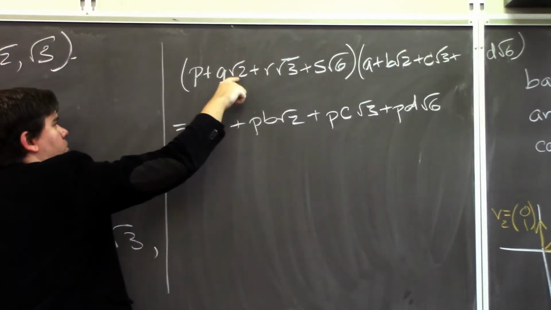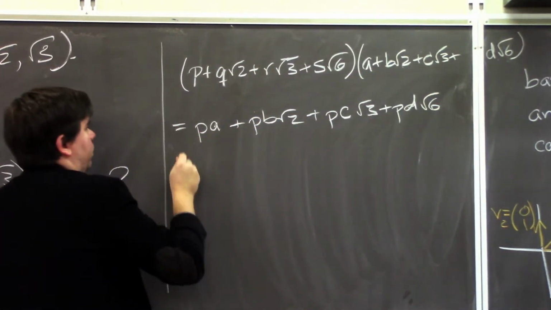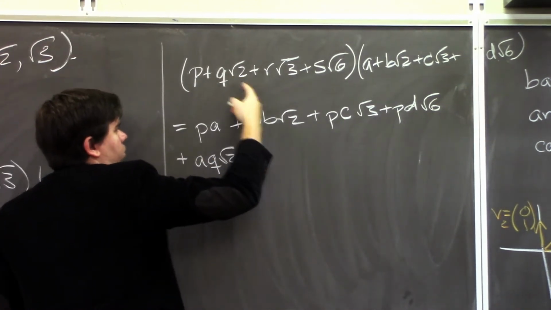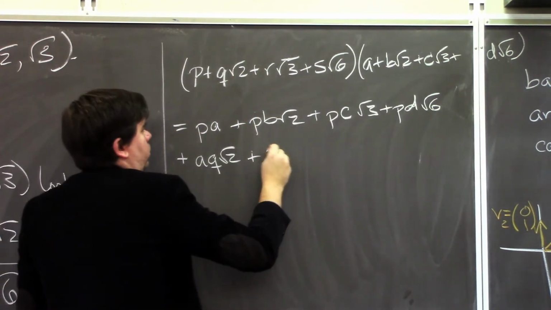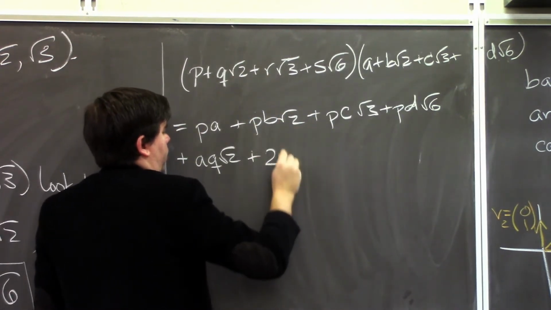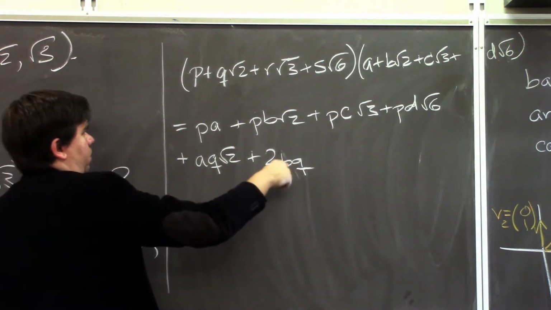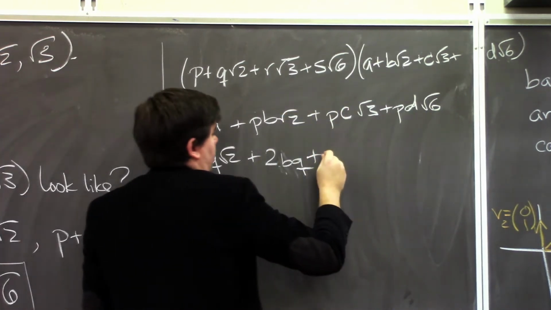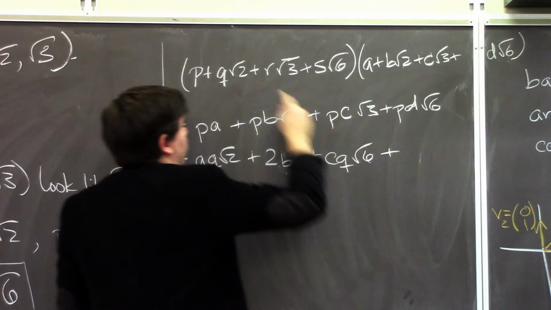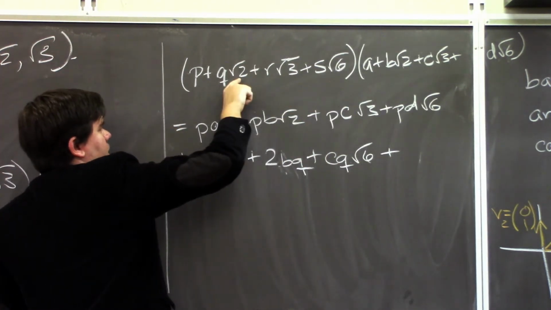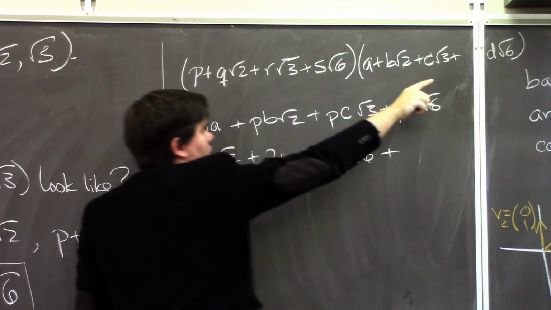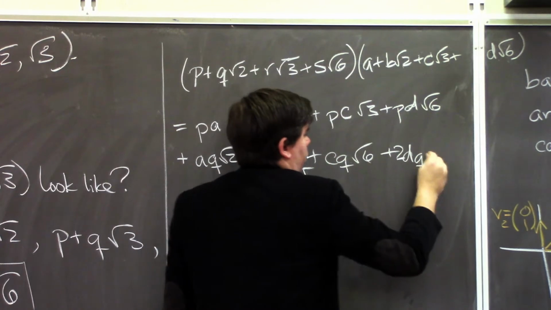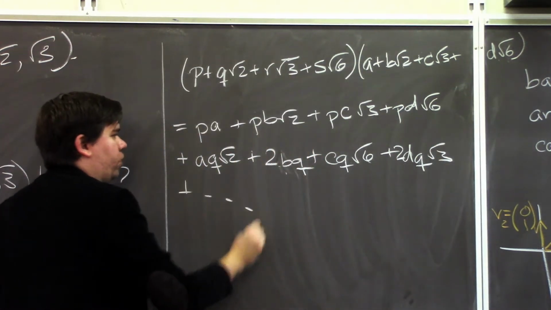Great. Then you do q root 2 times all that stuff. So what do you get? Well, you get something with the root 2 for the first guy, and then when you do q root 2 times the second guy, the root 2's cancel, so it's just 2bq, and then so that's just something of the first form, just a rational, plus, times the third guy, you just get a root 6, you get cq root 6, plus, times the next guy, well, we just said root 2 times root 6 is going to be 2 root 3, so I get dq with a 2 root 3, okay, and so forth and so on, right?